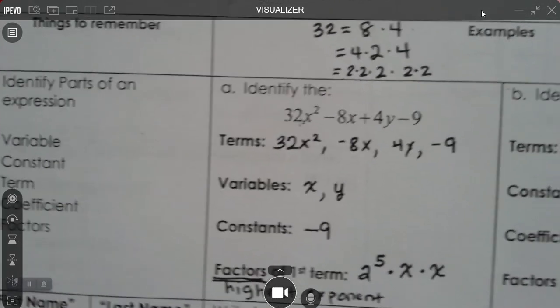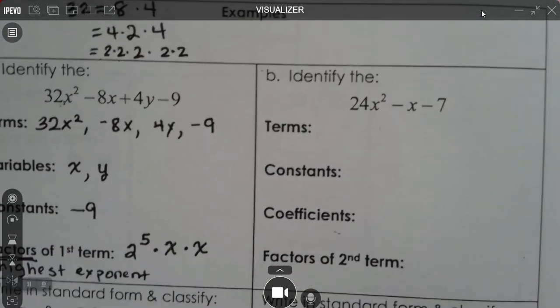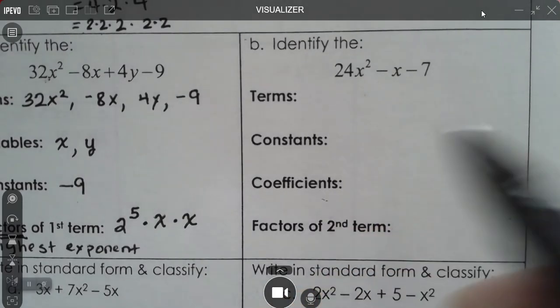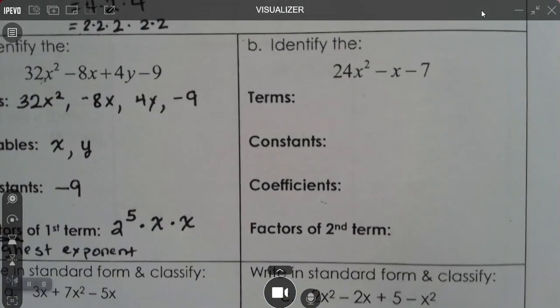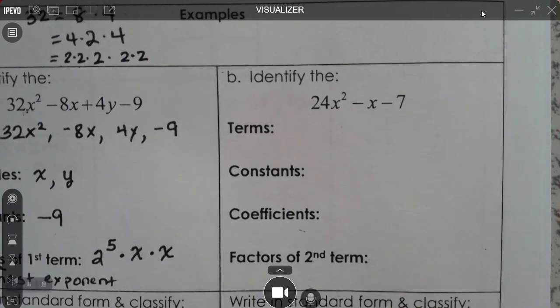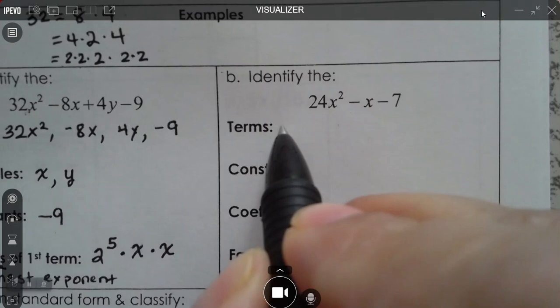Okay. All right, again, we need to identify the parts of 24x squared minus x minus 7. Go. Your terms are separated by plus or minuses, so that would be 24x squared, negative x, and negative 7.